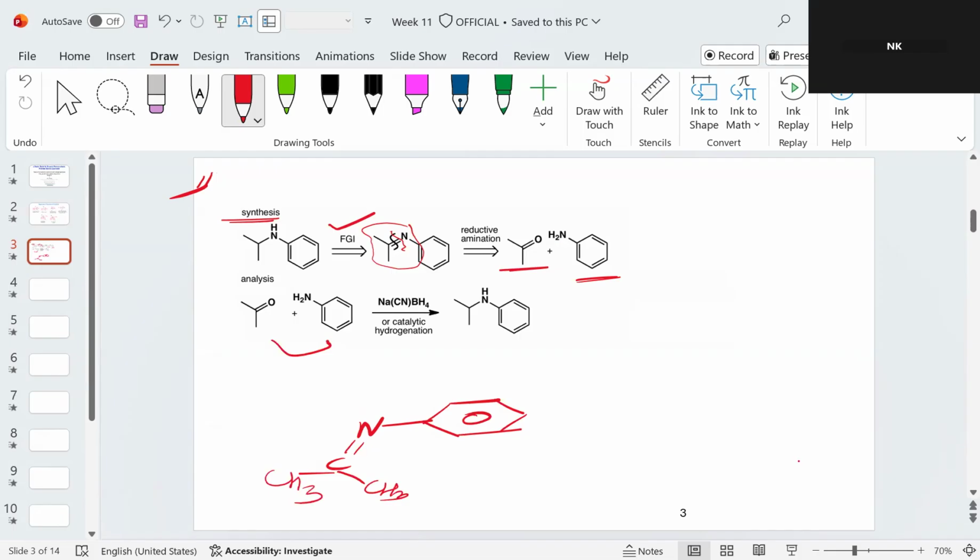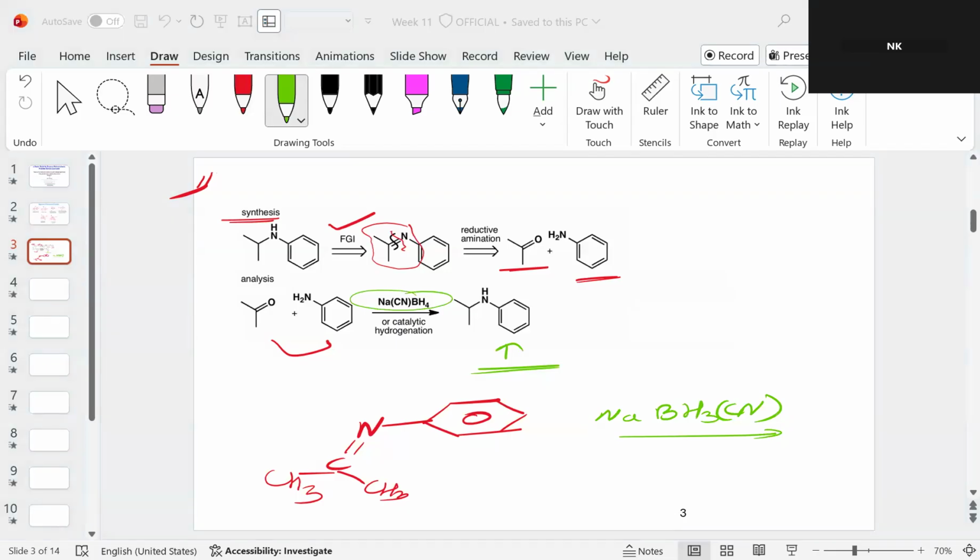We have also seen some reagents used, in particular the sodium cyanoborohydride reduction. If you reduce this imine with sodium cyanoborohydride, NaBH3CN, we can get our target molecule. So this is a two-step linear synthesis for this target molecule.